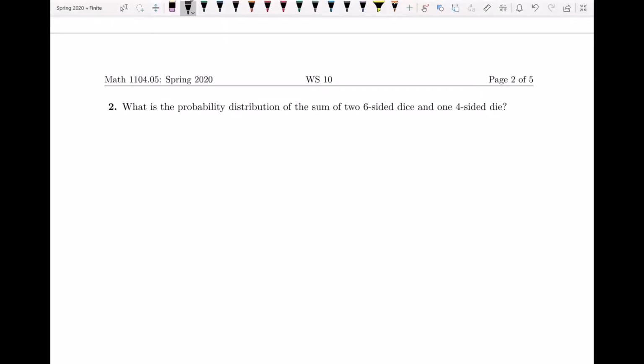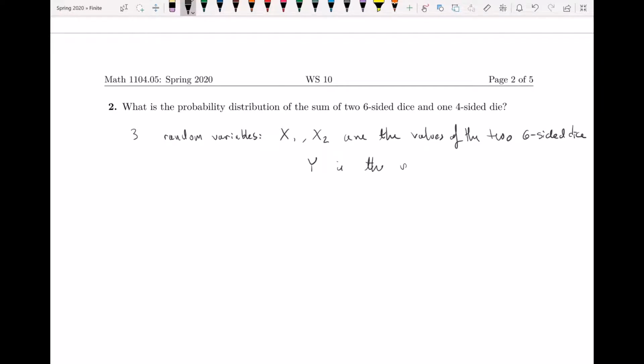So I have 3 random variables. We could say x1 and x2 are the values of the 2 6-sided dice, and then y is the value of the 4-sided die.